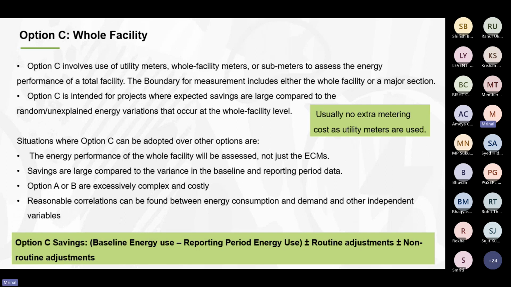So wherever the quantum of savings is higher, option C is used. It doesn't usually have extra metering cost because they simply rely upon the utility meter data. In this case also, the saving calculation is baseline energy consumption minus the reporting period energy consumption. Then you have to do the adjustment on routine and non-routine basis.